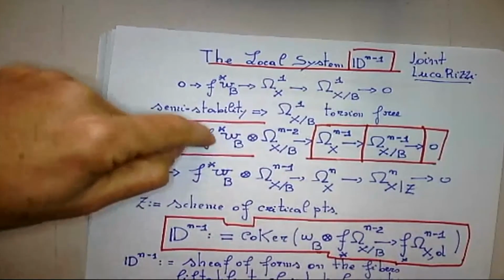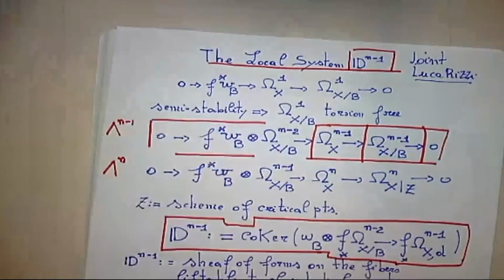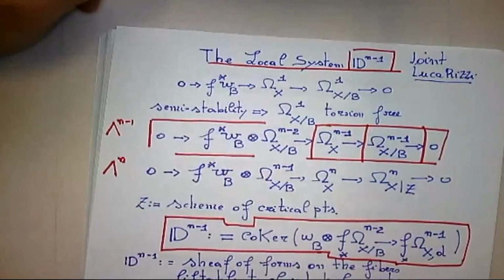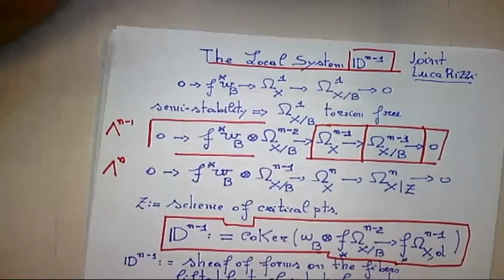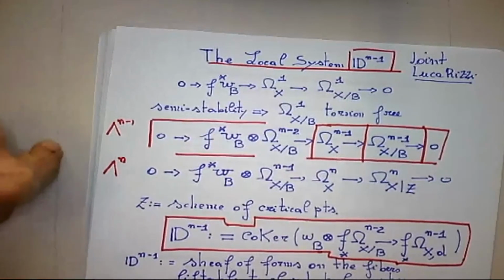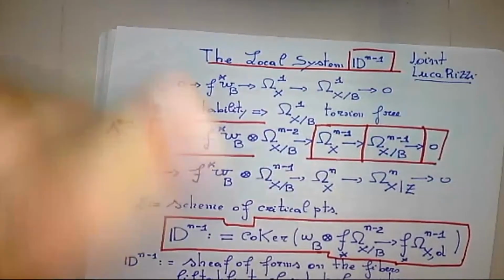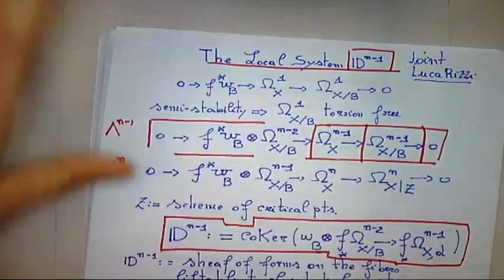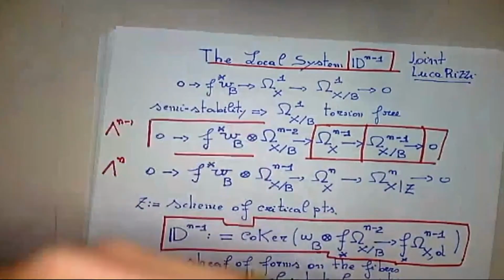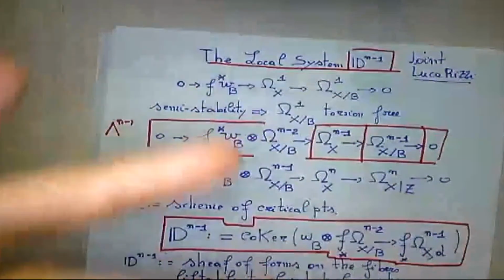But you take these sequences, you resolve using the de Rham resolution, and then you push forward on the base. This is the game. It's written in the paper. I guess that if people know the de Rham resolution, it's very easy to see.